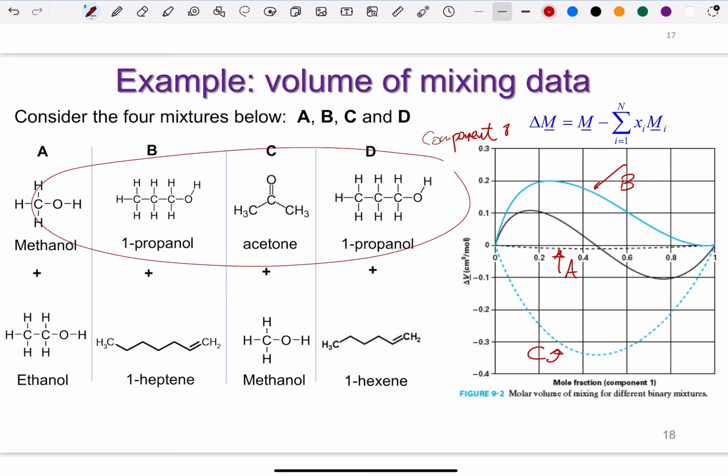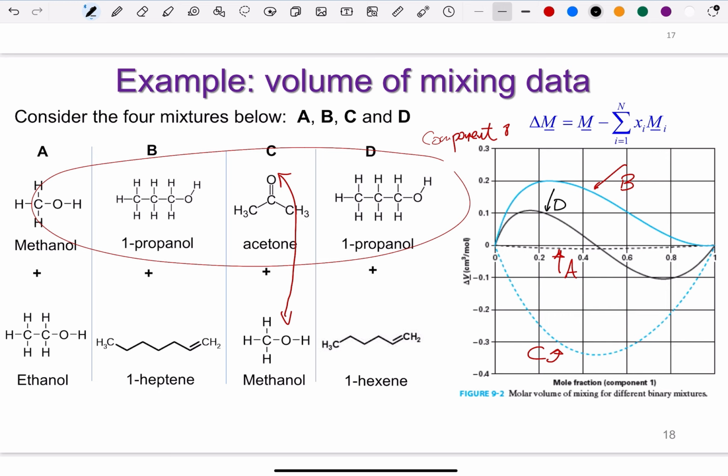You have an OH here, and an O over there, so they can interact with each other and create small nanoscale domains, okay, that can fill the gaps. So the volume decreases. In the case of D, interactions are different because you have an OH group in one, and another part is the hydrophobic part, since 1-propanol is large. That hydrophobic part can create hydrophobic attraction with the 1-hexane.